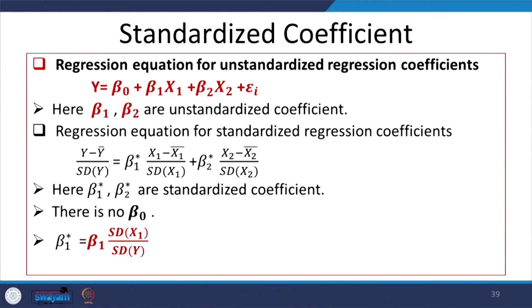The regression equation for unstandardized regression coefficients simply takes the variables as they are, x1, x2, etc. So beta 1, beta 2 are called unstandardized coefficients.